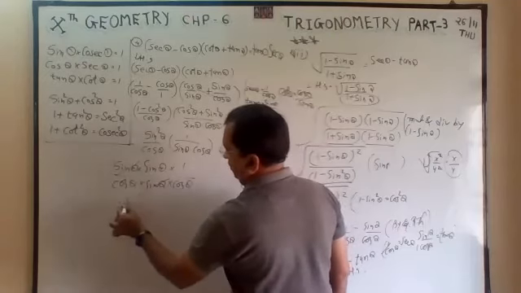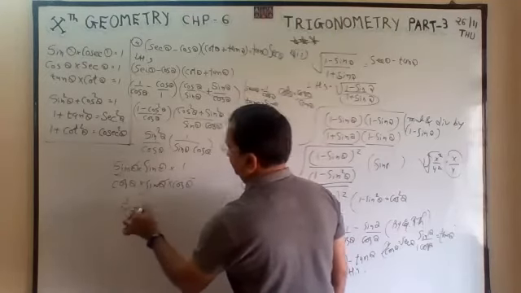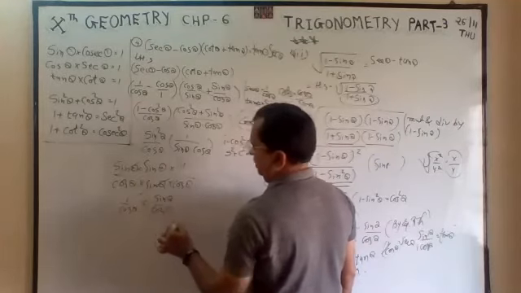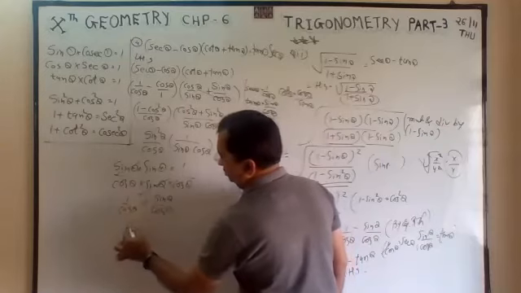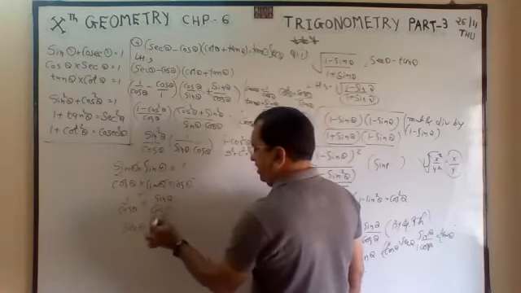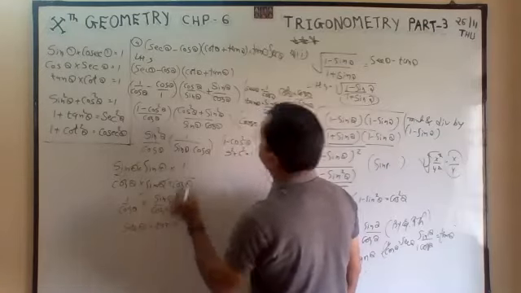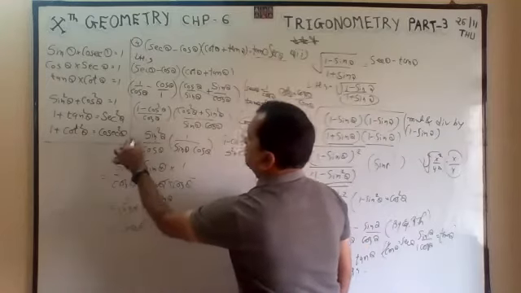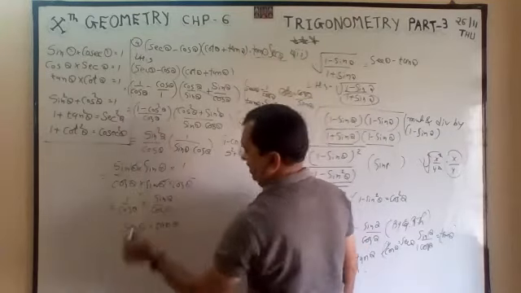So this will be 1 by cos theta, sin by cos theta. 1 by cos is equal to sec theta. Sin by cos is equal to tan theta. And that is what we want. Automatically it will come, no need to manipulate.